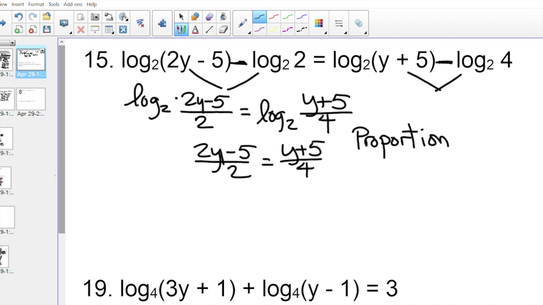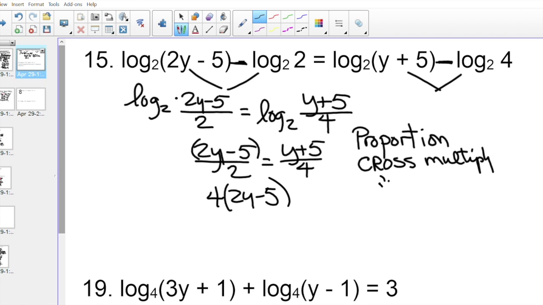Everybody knows that it's called cross multiply. Now, we're not talking straight across, we're talking diagonally. So that means we're going to say 4 times 2y minus 5 equals 2 times y plus 5.